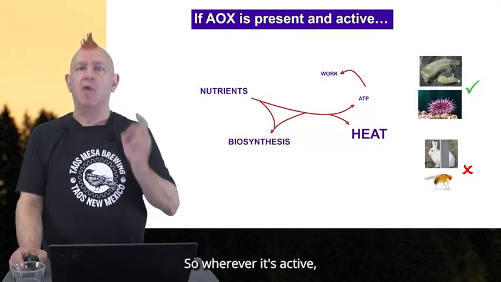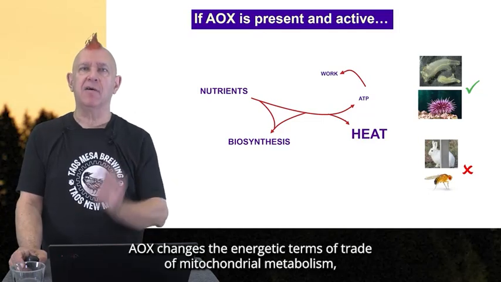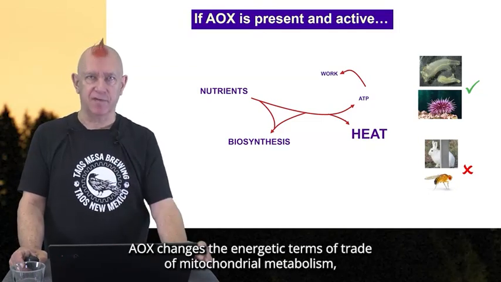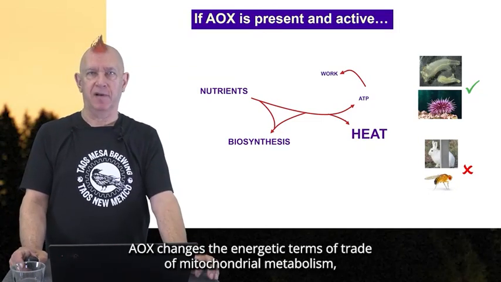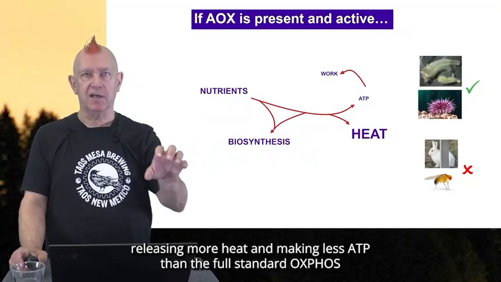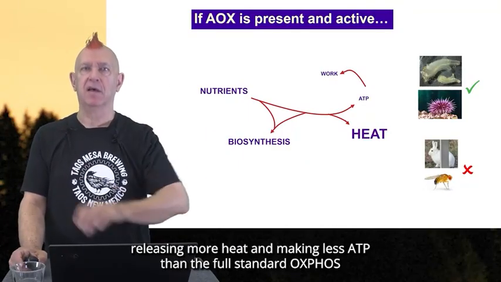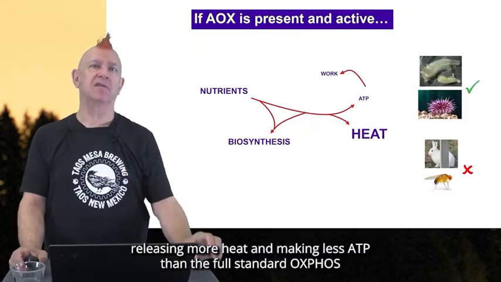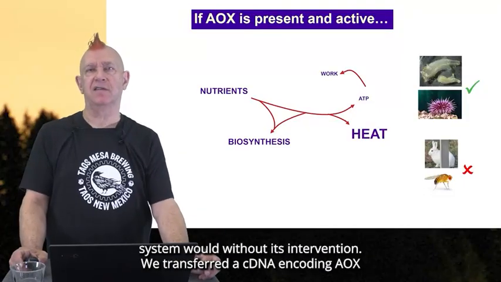So, wherever it's active, AOX changes the energetic terms of trade of mitochondrial metabolism, releasing more heat and making less ATP than the full standard OXPHOS system would without its intervention.